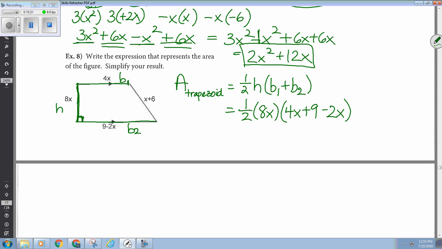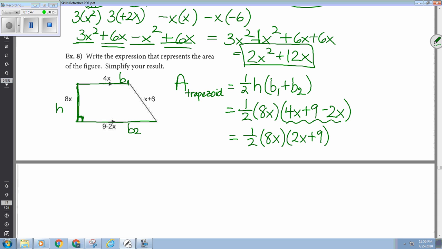So we start in the parentheses. So we can work inside those parentheses. 4x minus 2x gives you 2x. Now we multiply everything out.